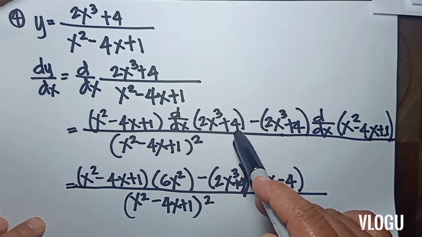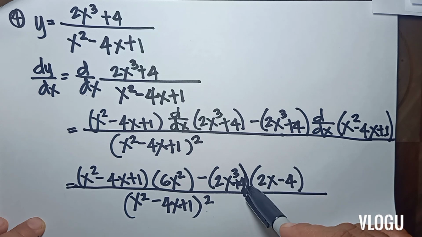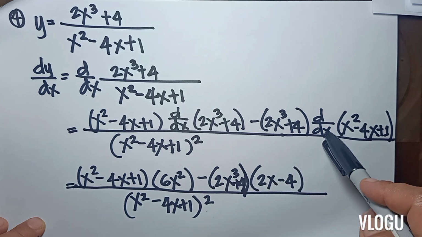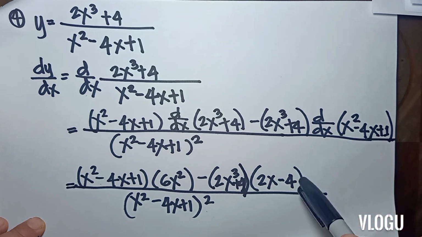Derivative of 4, that is 0. Minus 2x cubed plus 4 times the derivative of x squared, that is 2x. Derivative of 4x, that is negative 4. Over x squared minus 4x plus 1 squared.